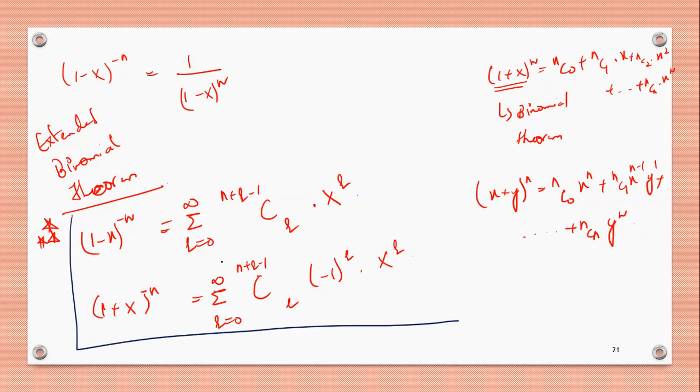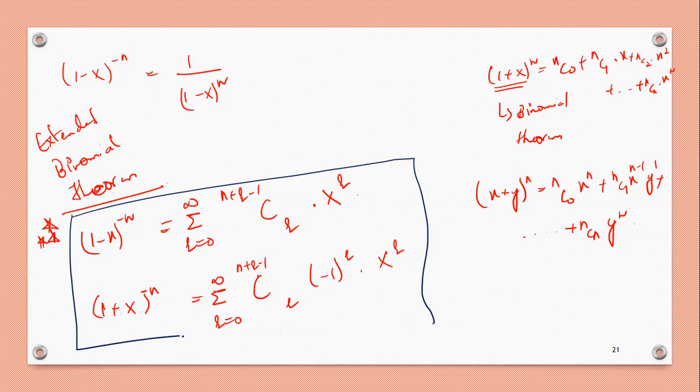So let me just segregate it. So yeah, these two are extended binomial theorem formula. If we have 1 minus x whole power minus n, it will be r is equal to 0 to infinity n plus r minus 1 cr into x power r. Instead, if we have 1 plus x whole power minus n, then we will have r is equal to 0 to infinity n plus r minus 1 cr into minus 1 power r into x power r.